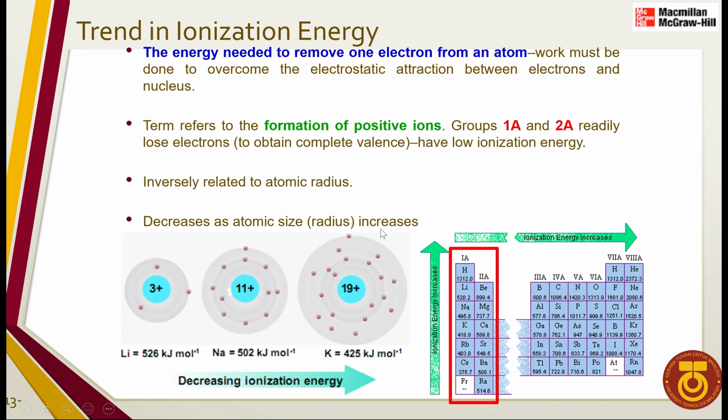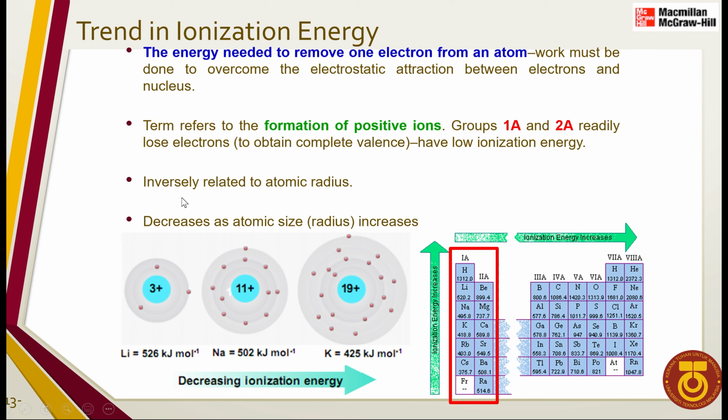If I want to put in a more specific example for group 1A here, if you compare rubidium and potassium, the ionization energy is lower for rubidium when compared to hydrogen, for instance. Of course it has something to do with the atomic radius, and the relationship is inverse.